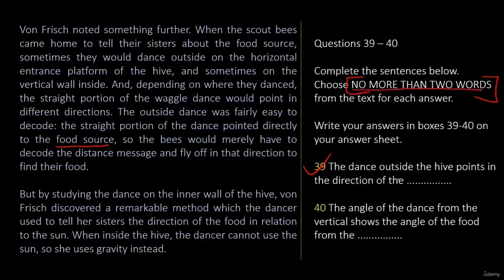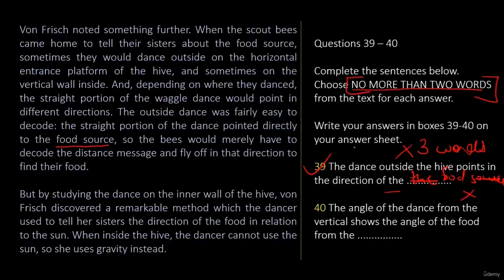If you write 'the food source', this one is incorrect for a reason, because it's 3 words, not 2. So totally incorrect. What if we just write food? It's correct because they have mentioned no more than 2 words, not exactly 2 words, right? If you write 1 word or 2 words, it's totally fine.